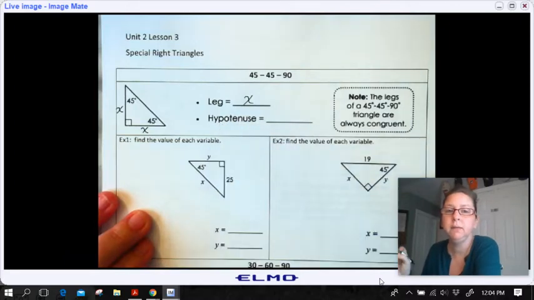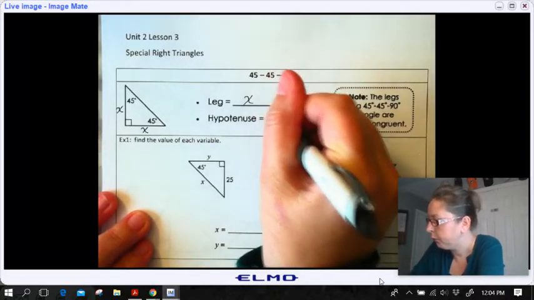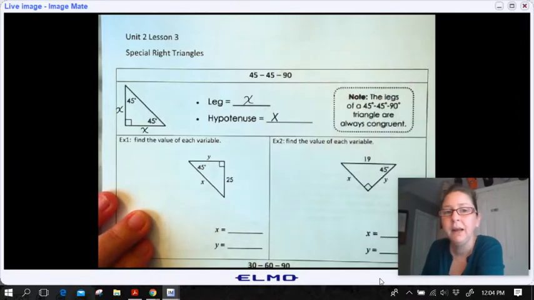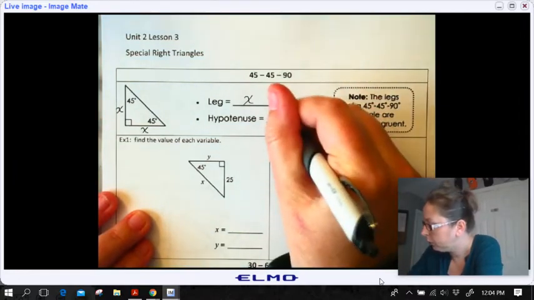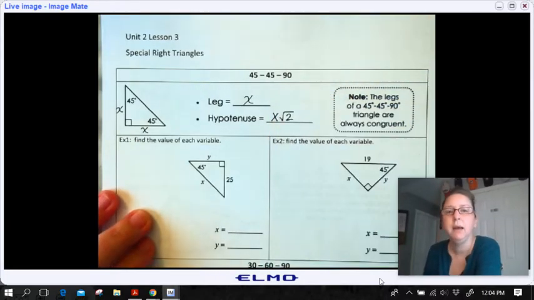In order to get the c squared by itself, you'd have to square root it. So x squared would just become x, and the 2, when you square root the 2, wouldn't be able to simplify. This is how we would write that, x square roots of 2.